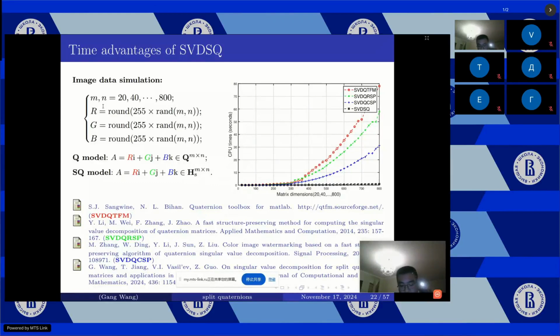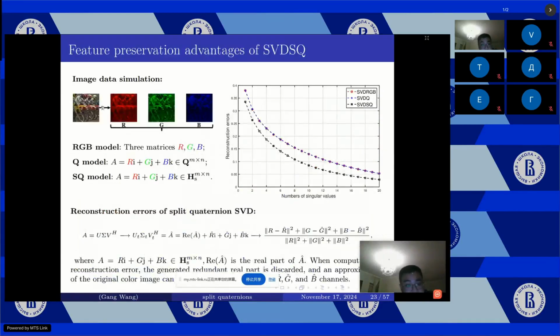We compared our SVD algorithm for split-quaternion matrices with traditional quaternion SVD computation algorithms, including the quaternion toolbox, the real structure-preserving algorithm proposed in 2014, and the complex structure-preserving algorithm introduced last year. Our approach demonstrates a significant advantage in decomposing color images.